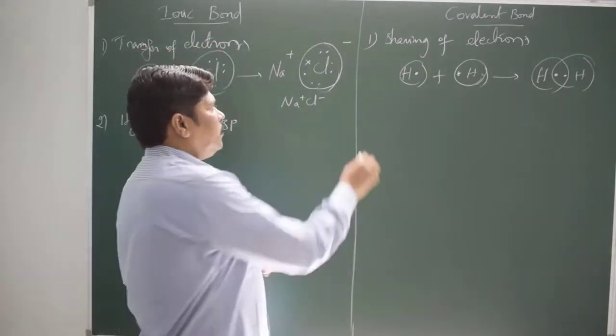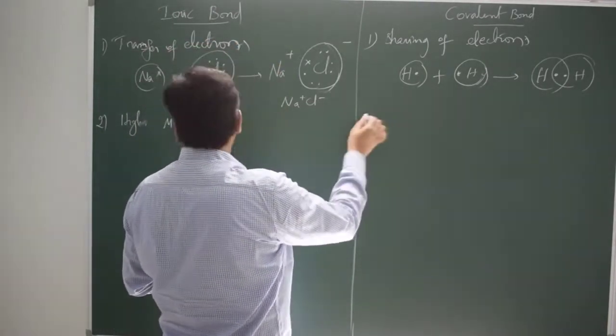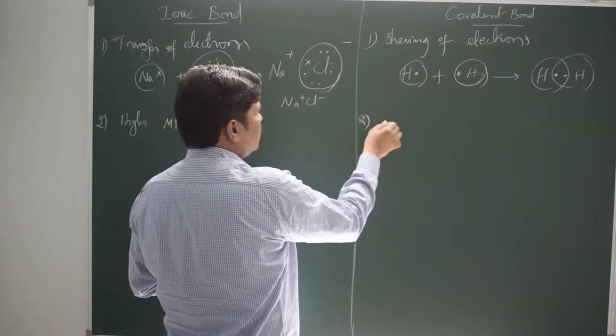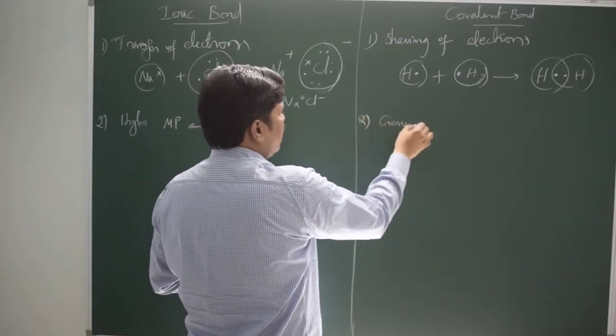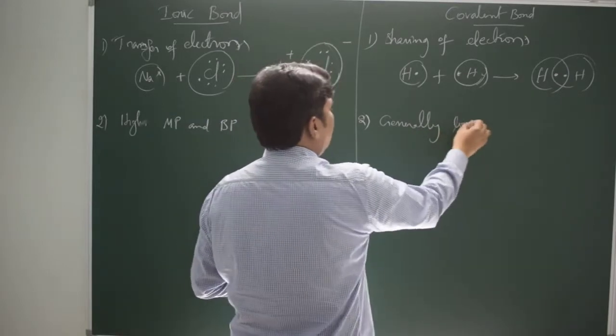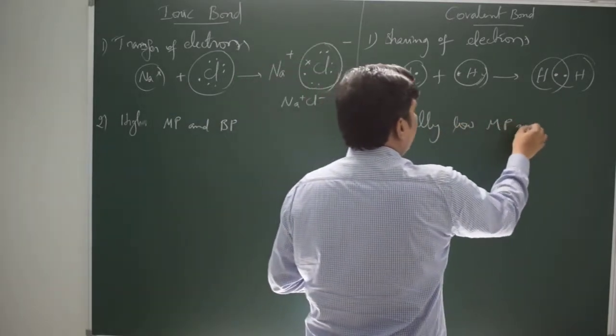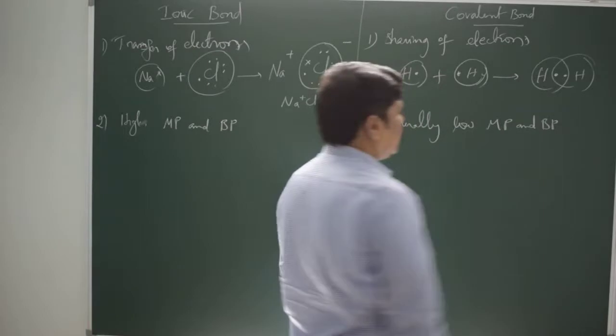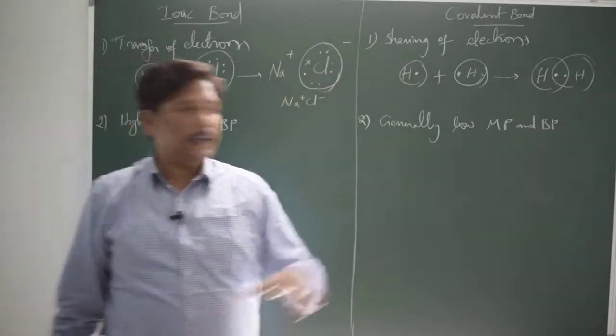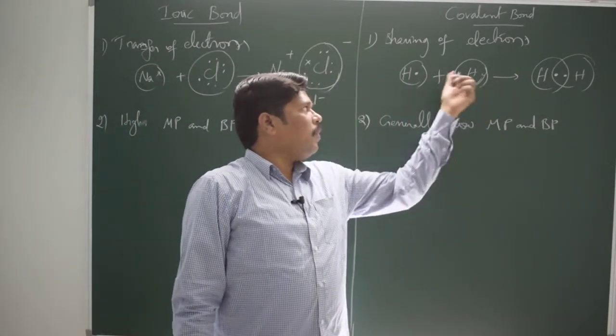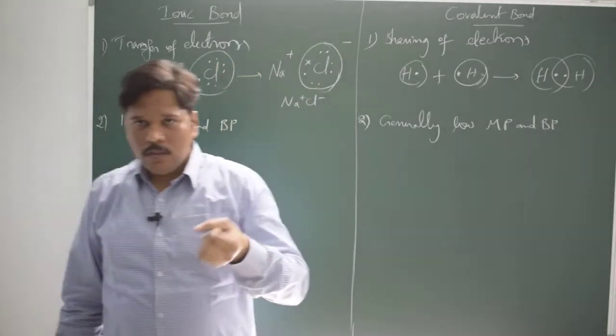What about the boiling points and melting points of covalent compounds? Covalent compounds generally have low melting and boiling points. What is the reason for low melting and boiling points? See here, the molecule which is formed by sharing of electrons is so stable.